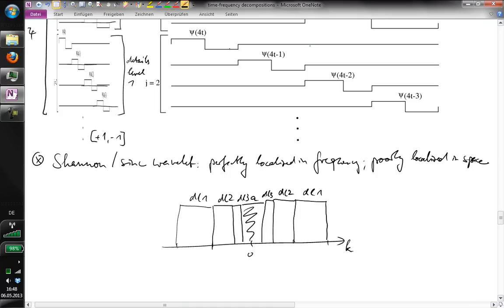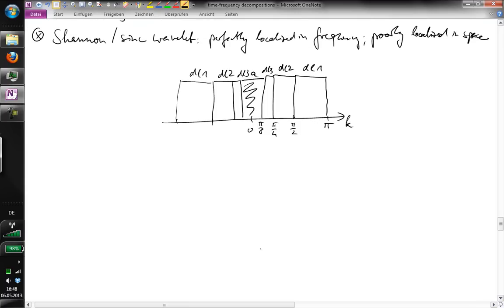Yes, it's always divided by 2. So if this is pi, then this is pi half. This is pi quarter. This is pi over 8, etc. So you are asking why divide by 2? I had a binary tree, which I was building.